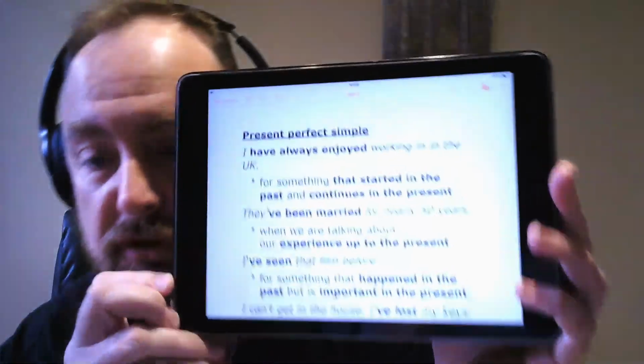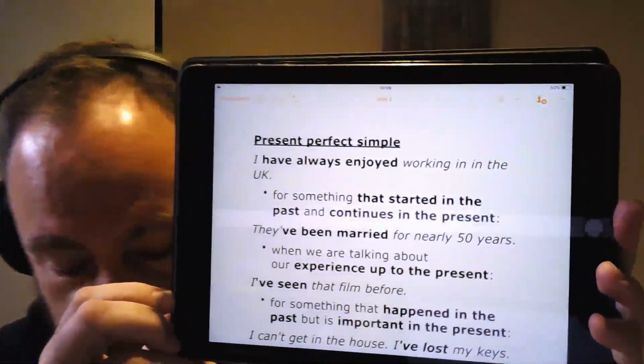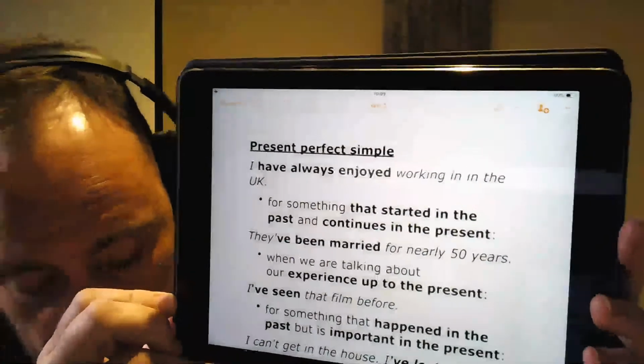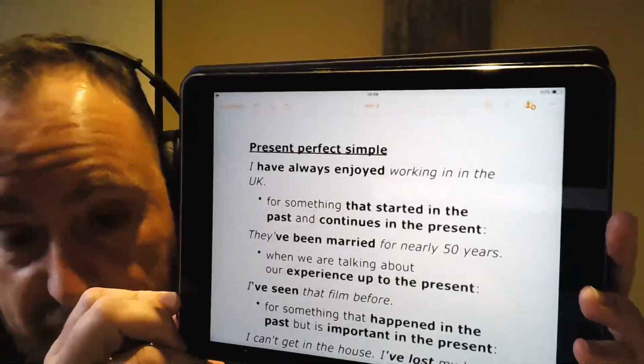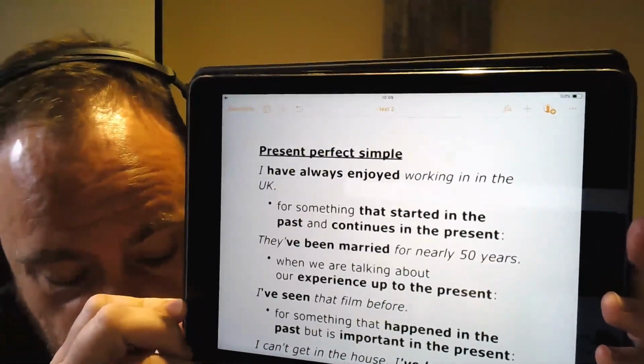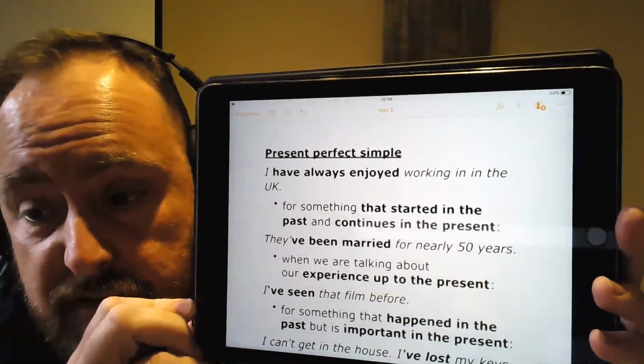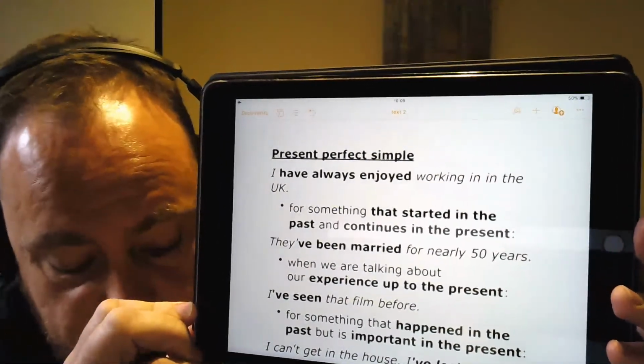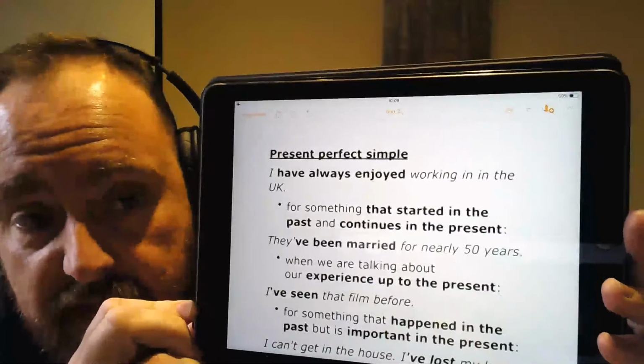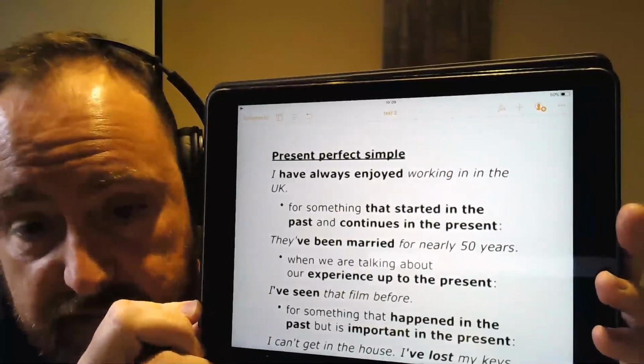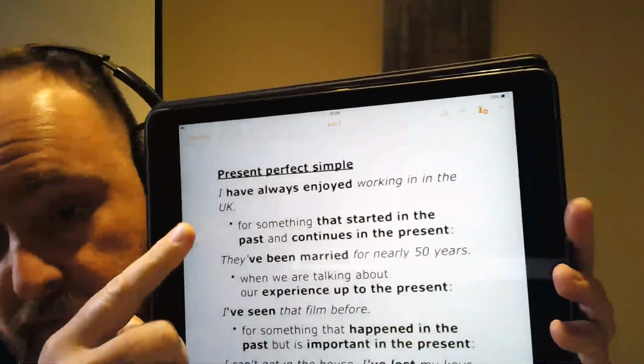Okay, so the first one we have here with present perfect simple is the example sentence, I've always enjoyed working in the UK. The first reason that we have for using that is for something that started in the past and continues in the present. Okay, you see the bullet point we have here.